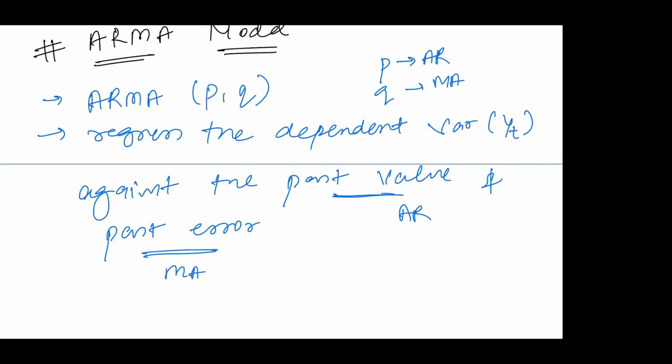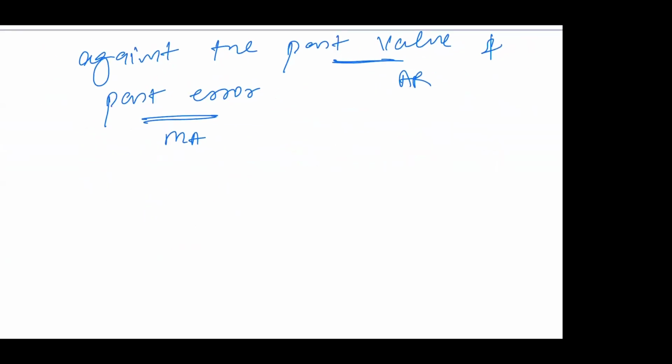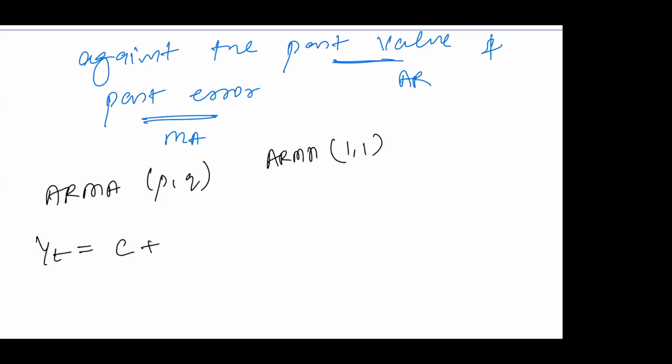The mathematical representation of ARMA(P, Q) looks like this. Let's consider ARMA(1,1): Yt = C + phi1 Yt-1 + theta1 Et-1 + some error term.